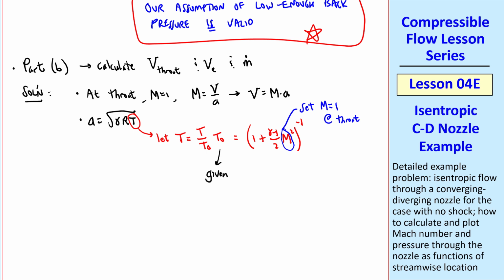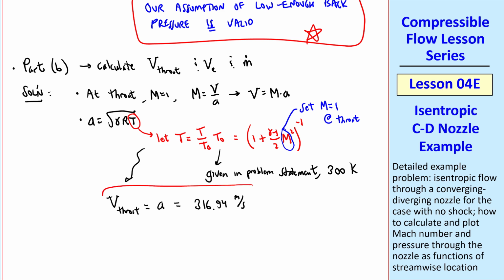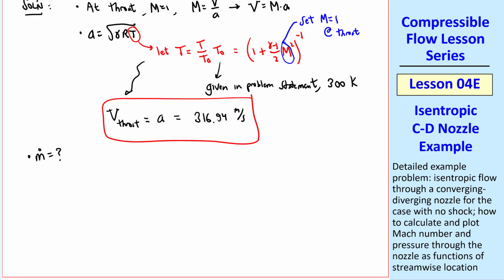And T naught was given in the problem statement, namely 300 K. Plugging all this in and doing the algebra, the speed at the throat equals A, the speed of sound, which turns out to be 316.94 meters per second.